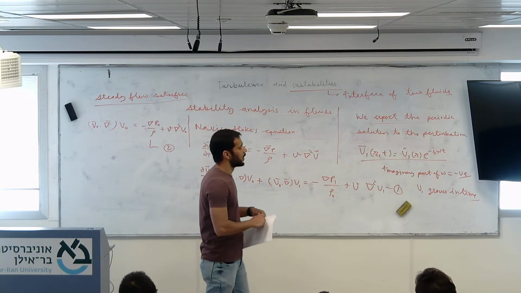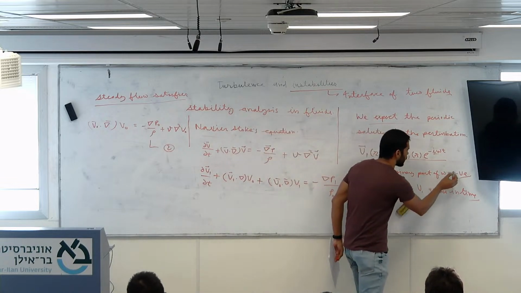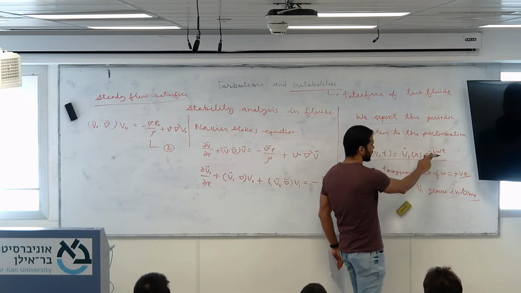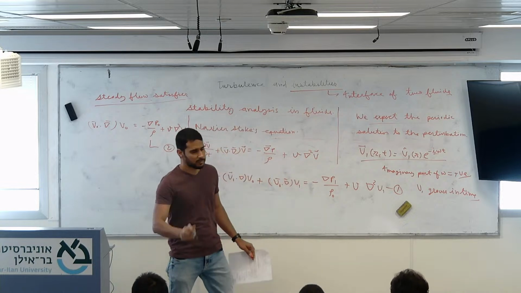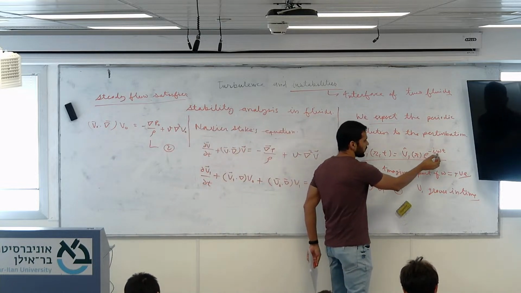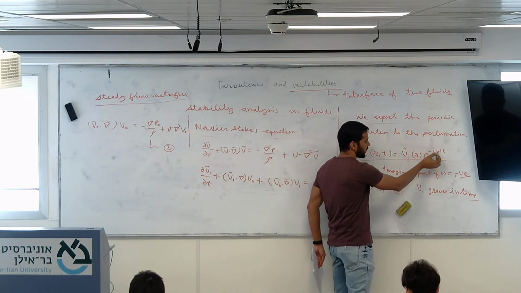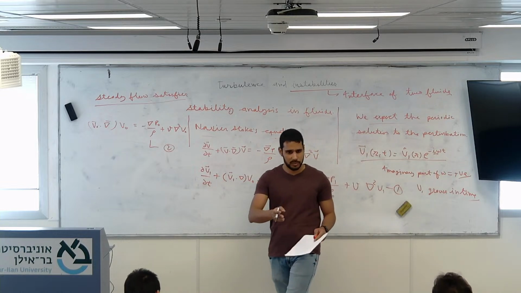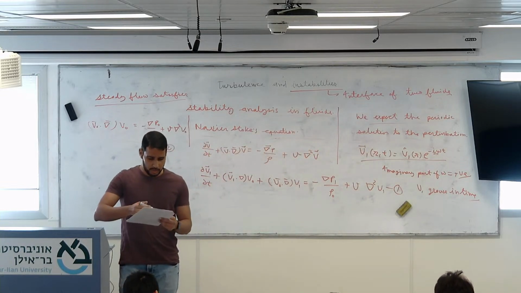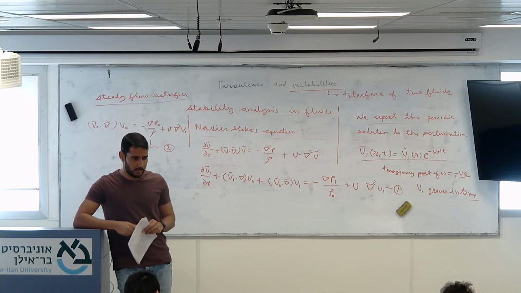When the imaginary part is positive, iota square becomes plus. So you need the solution for omega to be positive.